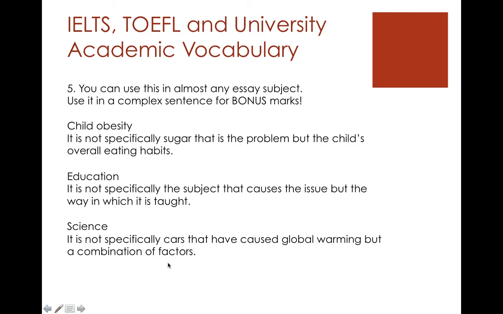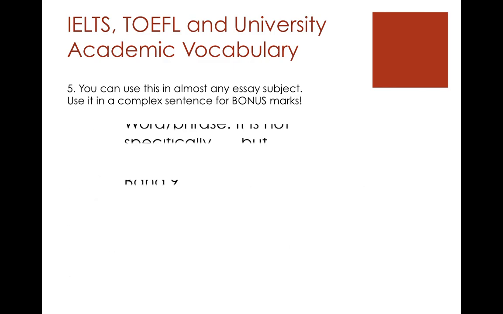Factors, again, combination of factors is a phrase you could use. And you could actually just use this. It's not specifically this that has caused something, but a combination of factors. So you could change cars and global warming for whatever your subject is and use that. So there's your phrase. It's not specifically something, but something else.